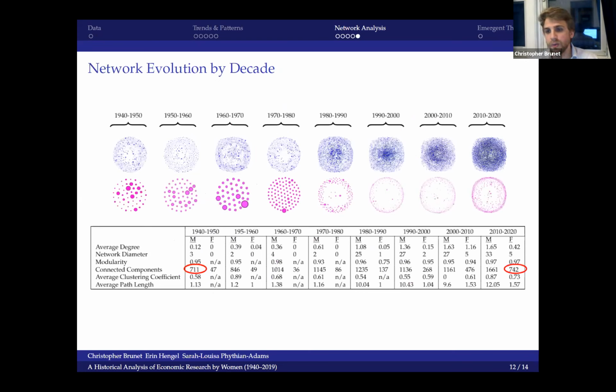So a couple slides ago, we broke it down by male and female exclusive networks. Now we break that down by male and female per decade.